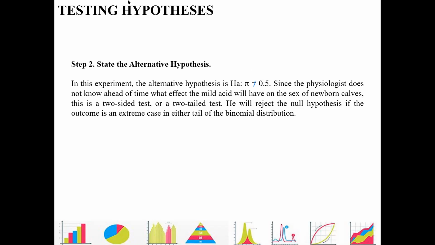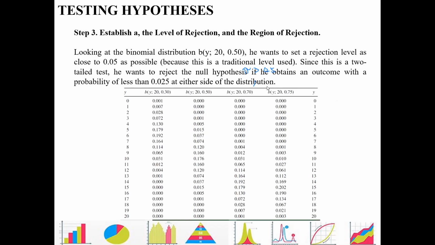Ang magiging alternative hypothesis natin is greater than 0.5 kung one-tailed. Pero kung dahil nga hindi mo pa alam ang effect ng acid na yon, we assume that it is a two-tailed test. So he will reject the null hypothesis if the outcome is an extreme case in either tail of the binomial distribution.